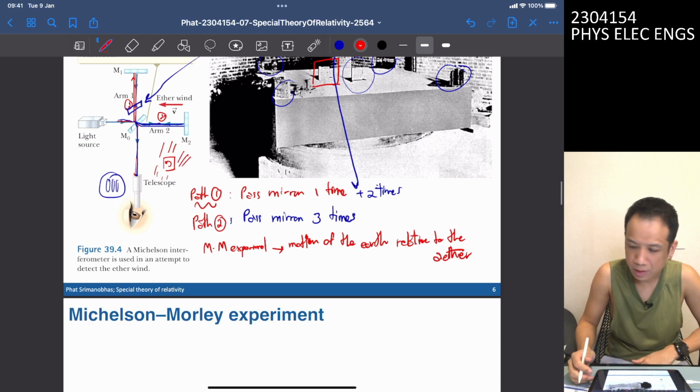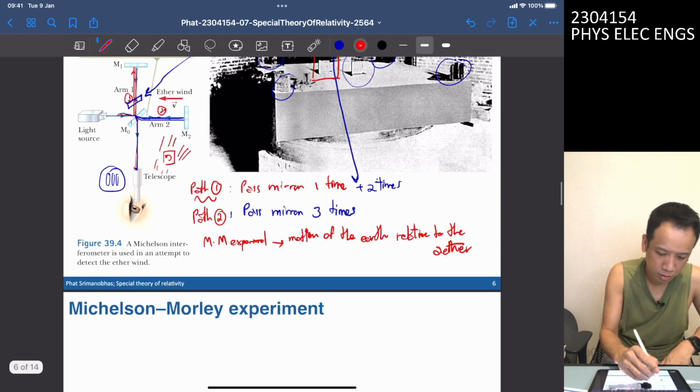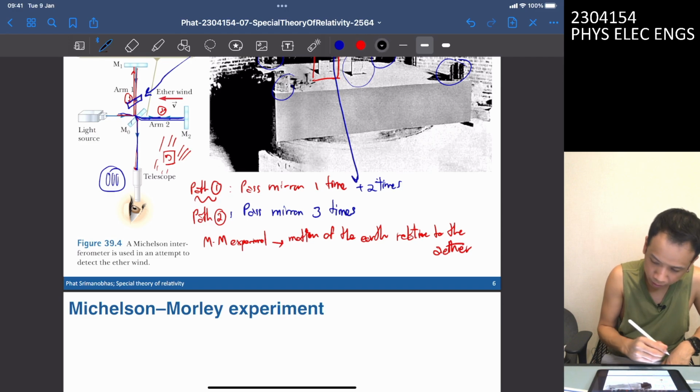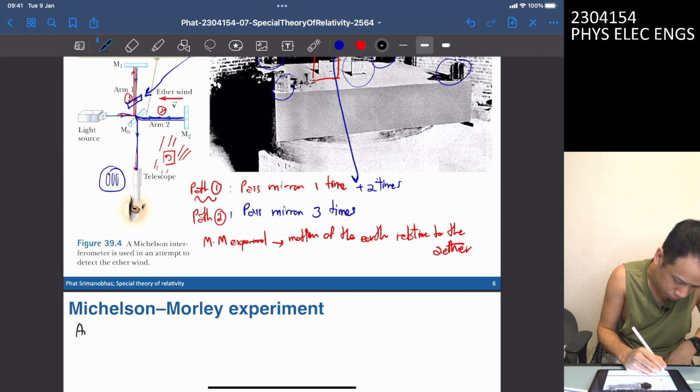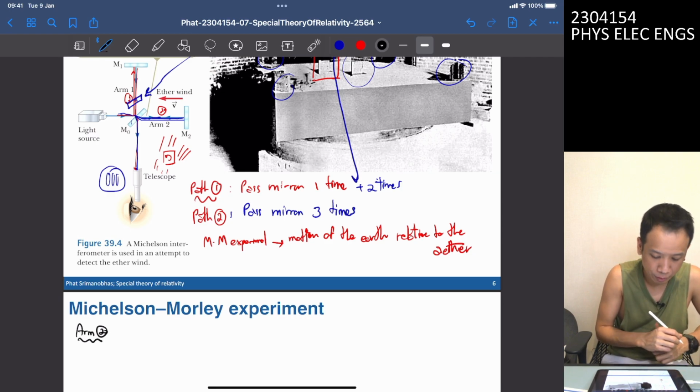Okay, so let's do calculations. I start with the arm tools, the part tools. For the arm tool, the light is traveling with the speed c, and the ether wind is speed v.